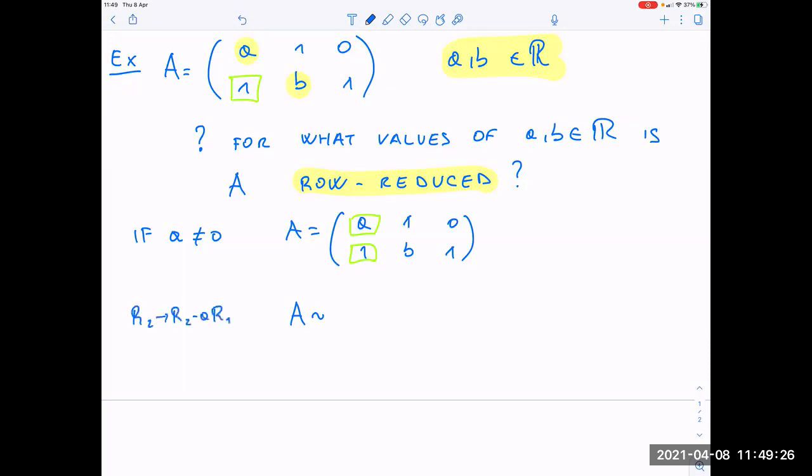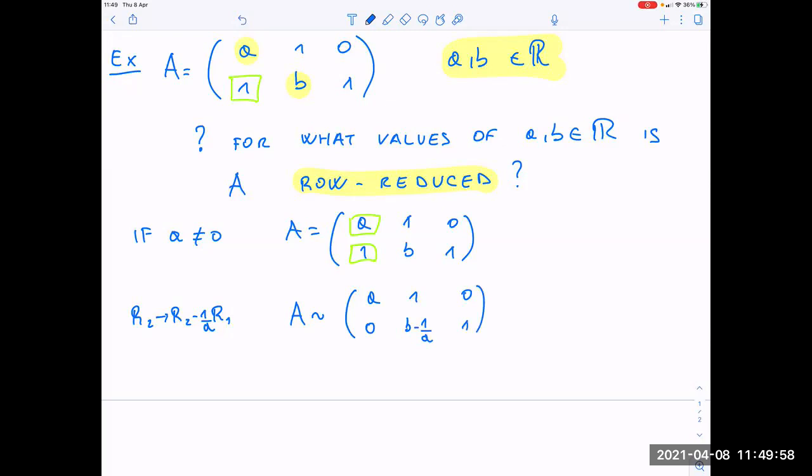Note that this is possible no matter what the value of A is, it can be 0 or not, but we know it's not 0. Well, sorry, this is going to be 1 over A. So we're going to have 0 here, B minus 1 over A here, and 1 at this level.